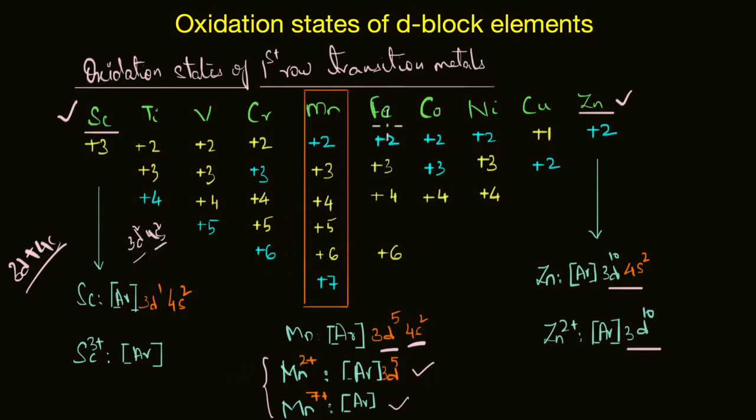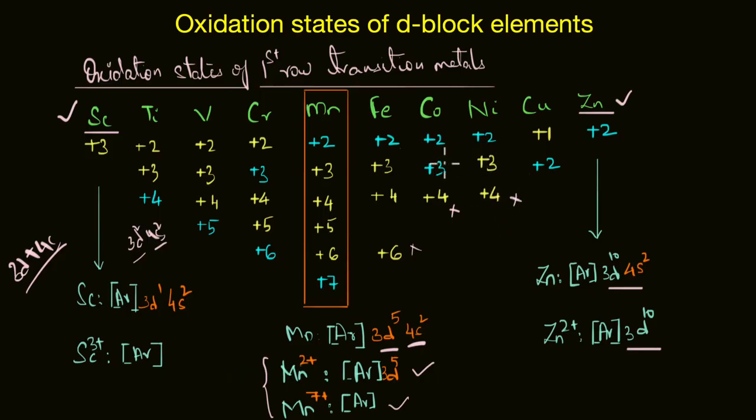However, from iron to zinc, we can notice a decrease in the stability of the higher oxidation states. In iron, the most stable state is +2 and not +6. Similarly, in cobalt and nickel, the most stable state is again +2 and not the maximum or highest oxidation state, which is +4.